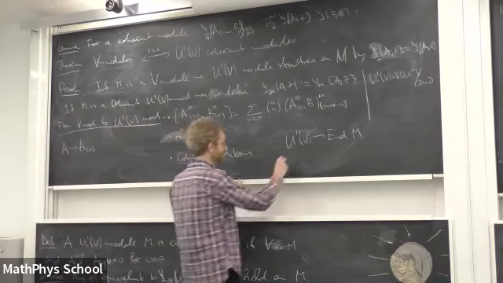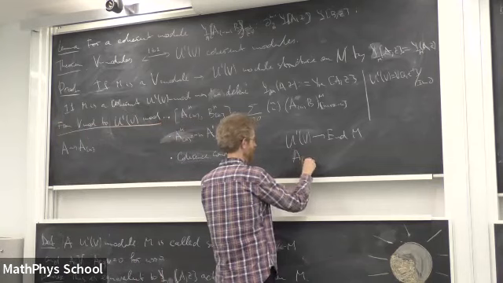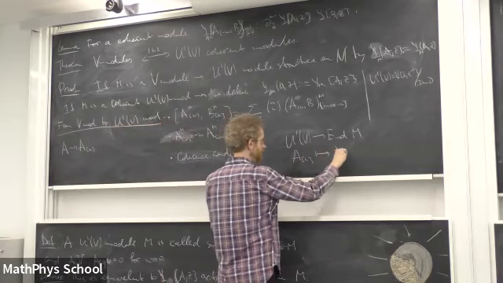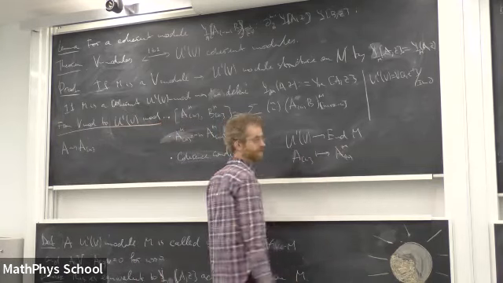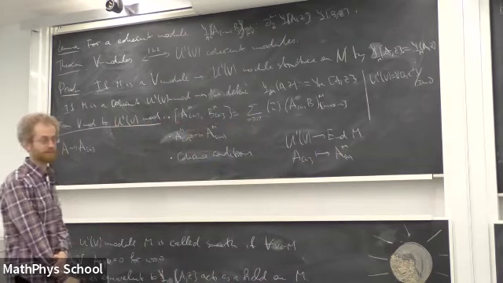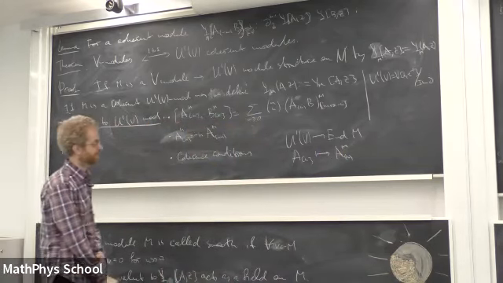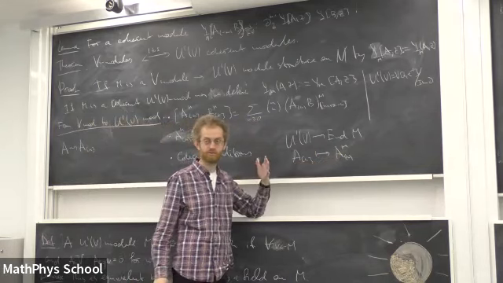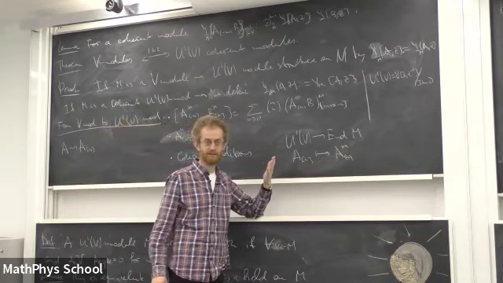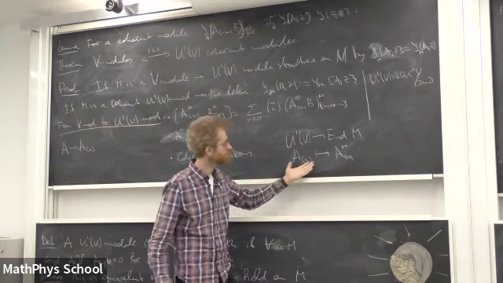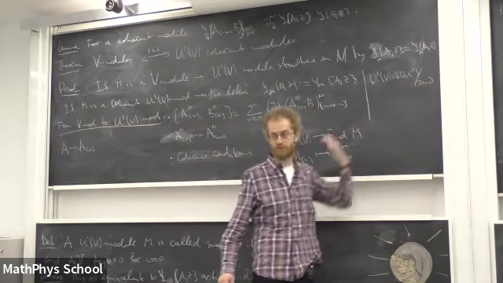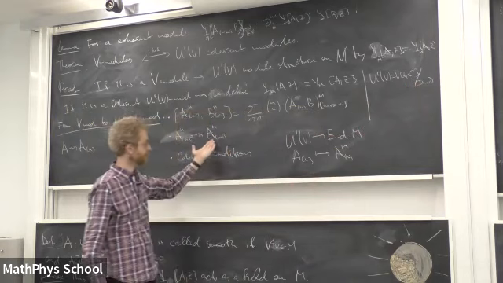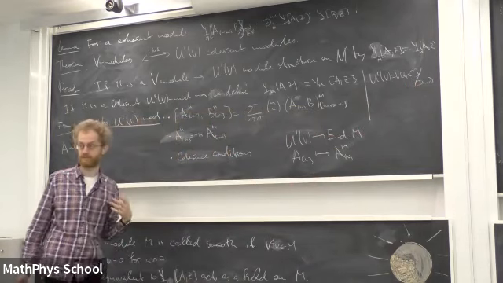And the map is given by A n maps to A n m. So this is our definition. But so far it's not even clear why this definition is well defined, because we have this quote. And this would say us that there is such a map of linear spaces.